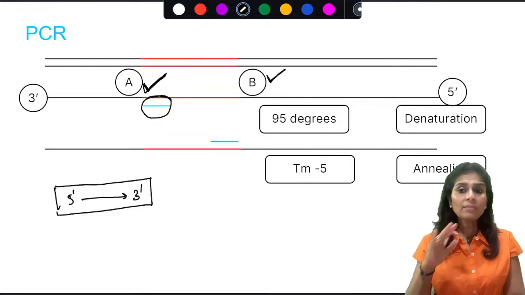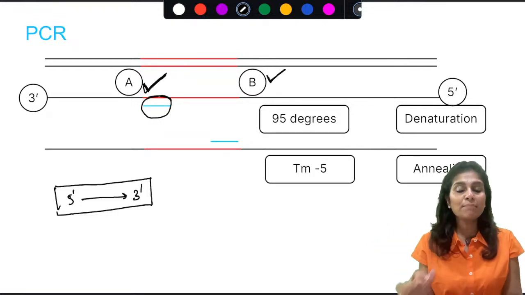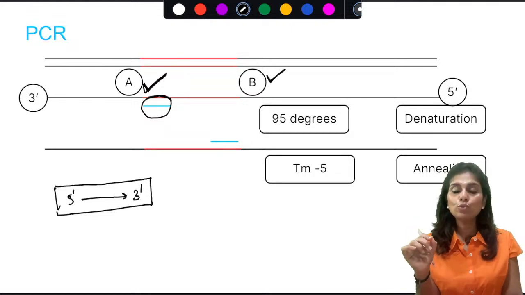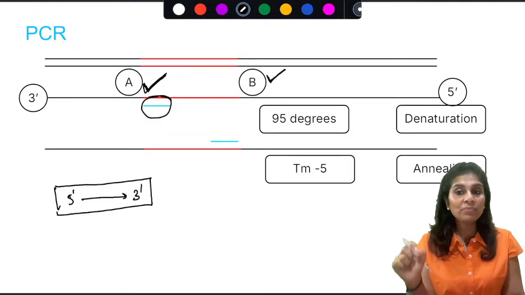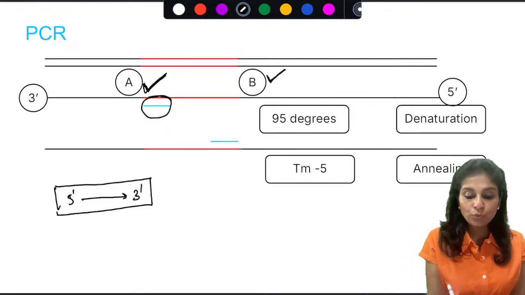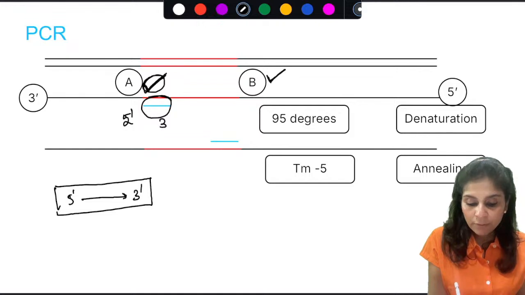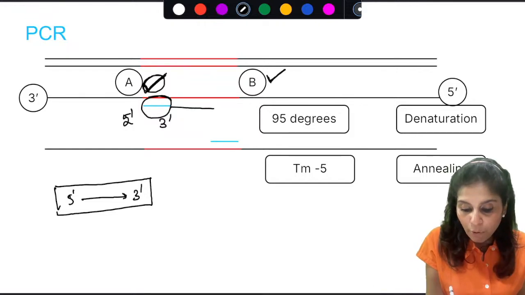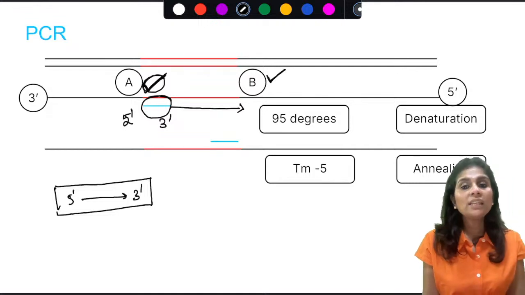Any polymerase, it can be DNA polymerase, it can be RNA polymerase, all your polymerases can synthesize a new strand only in 5' to 3' direction. So only when your primer is complementary to the 3' flanking sequence here, the primer hybridizes in which direction? 5' to 3' direction, and your DNA polymerase elongates what you need.